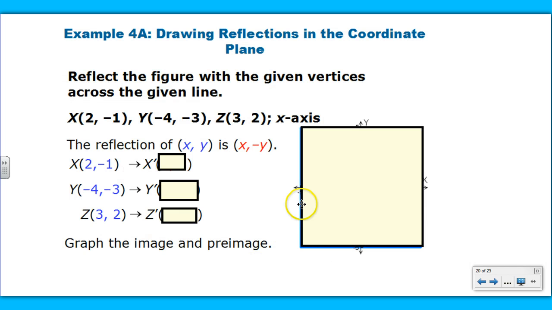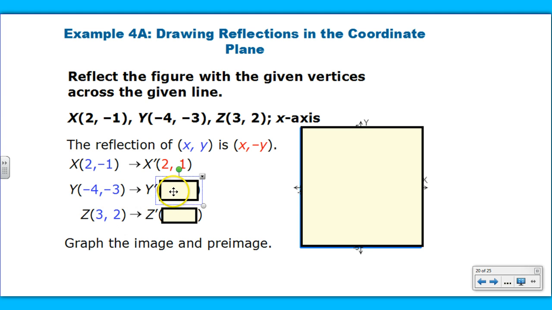Okay, so let's draw reflections in the coordinate plane. Let's reflect this figure across the given line. So we're asked to reflect this across the x-axis. X-axis means we're going to change the y values all to their opposites, right? So you could make a little table, and we're going to say x prime becomes 2, positive 1, right?